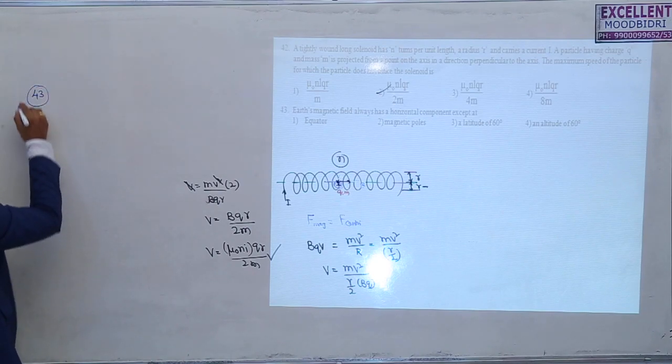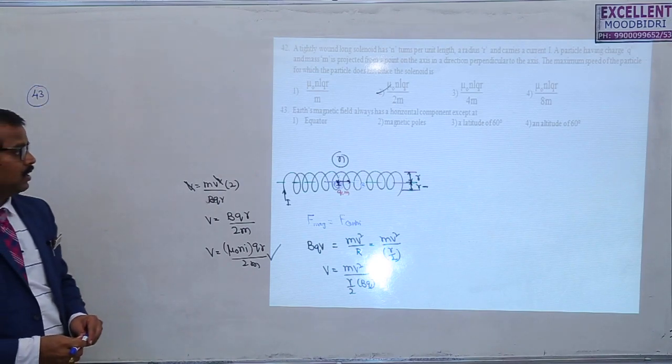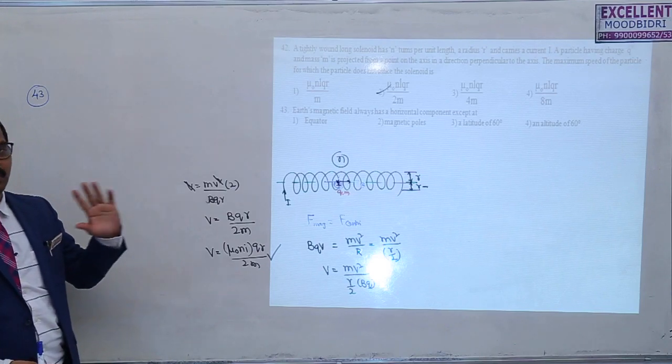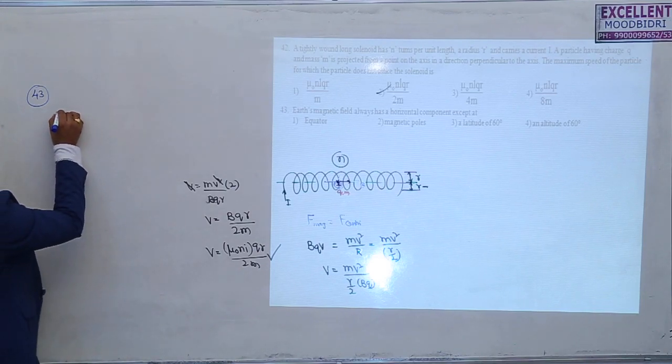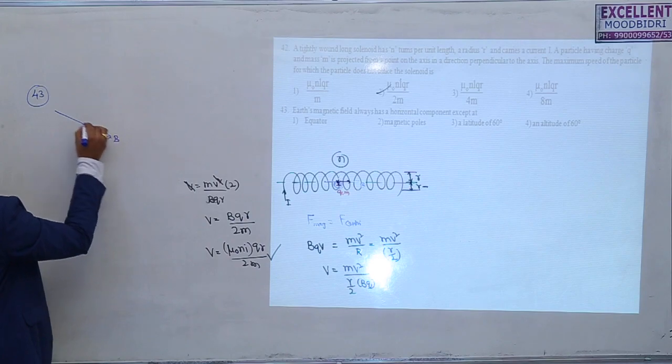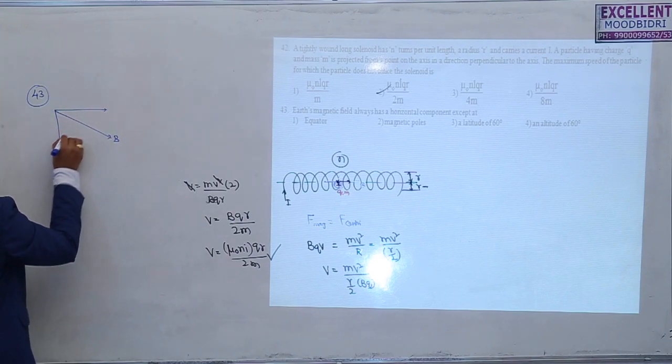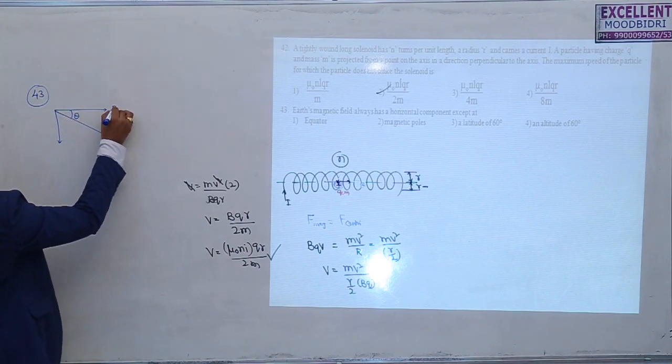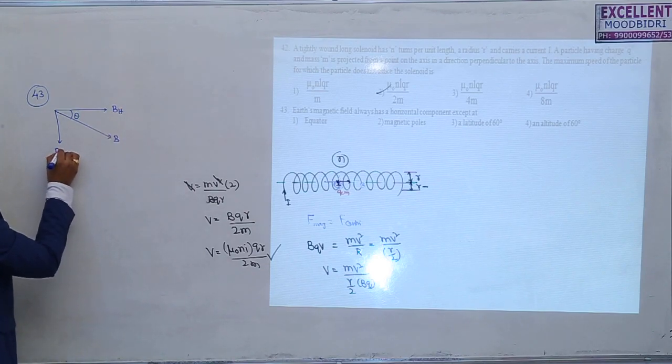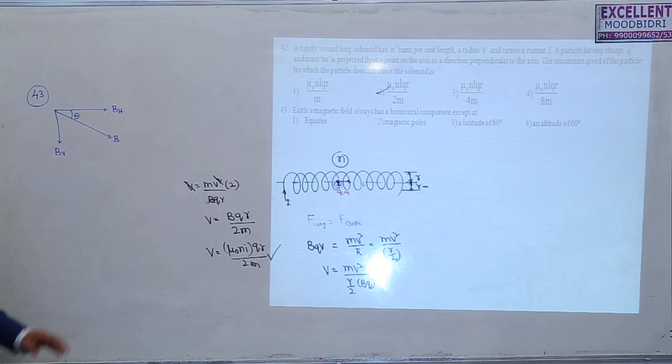Now, question number 43: earth's magnetic field always has a horizontal component except at... If you take the earth's magnetic field at any point, we can resolve it into two components. With dip angle theta, this is the horizontal component and this is the vertical component.